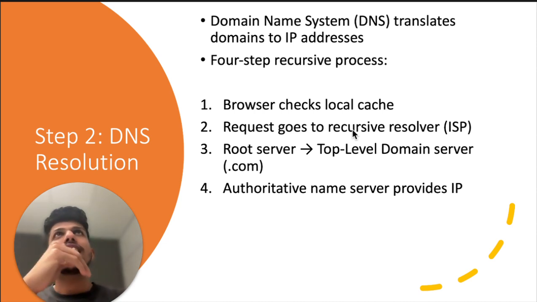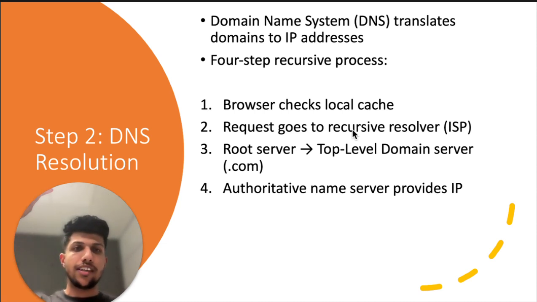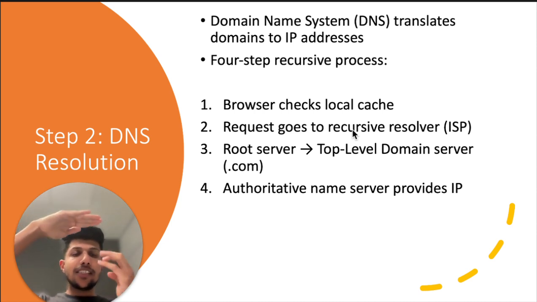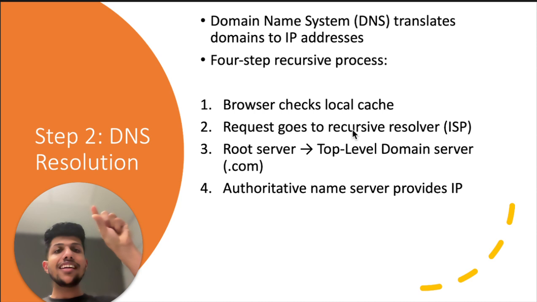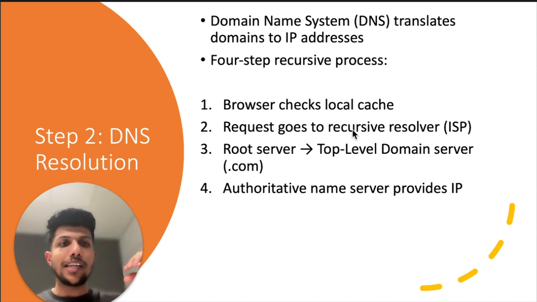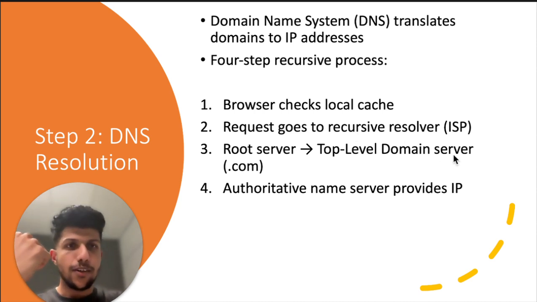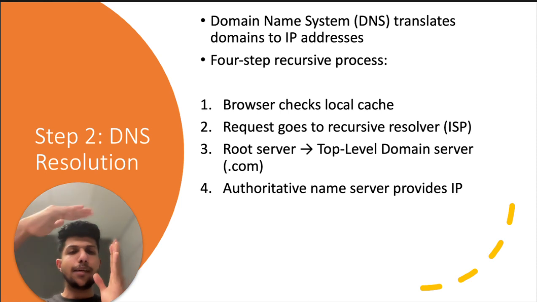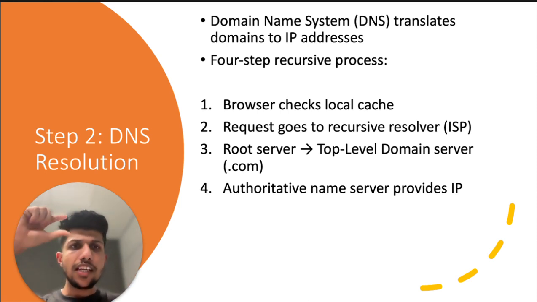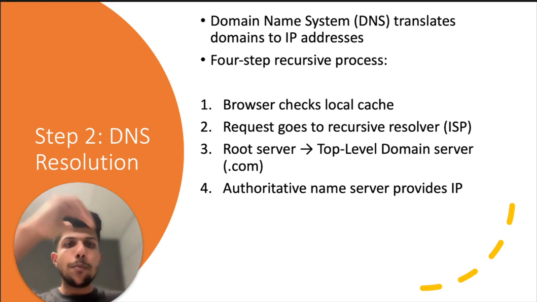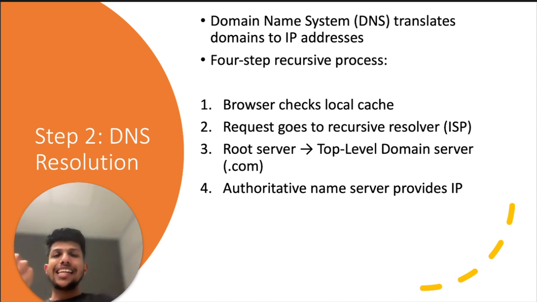It will first contact a root server. Then the root server will redirect to the top level domain server. Consider it as a simple hierarchy for now. That server will point to the name server for example.com, which will finally return the IP address we need.